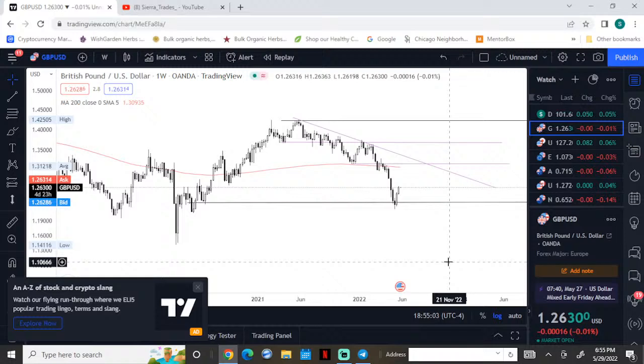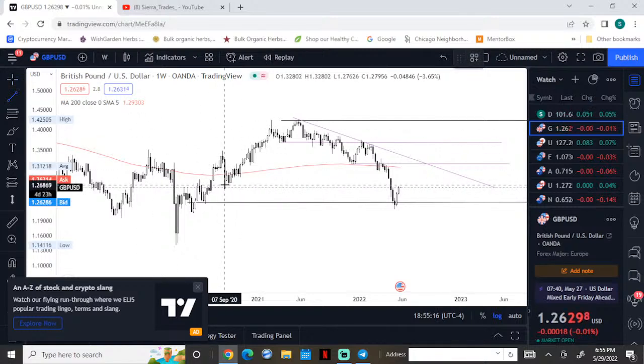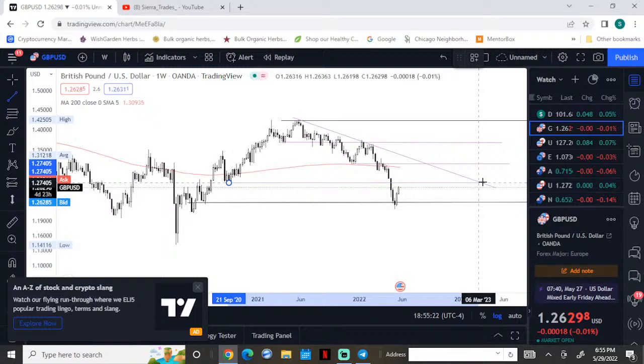Alrighty. That looks good. Gonna mark right here. Even though I only got one touch, price hasn't been back down here since September 2020. And technically I do have 2 touches this way. So there we go.